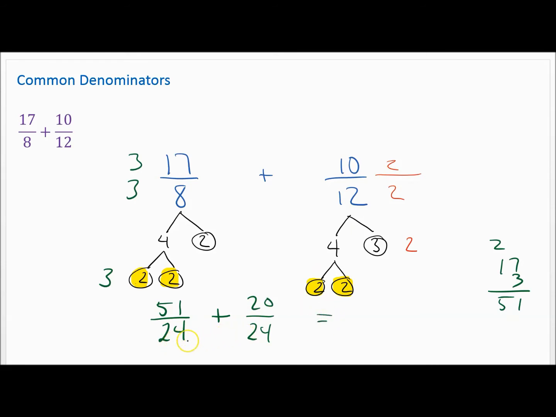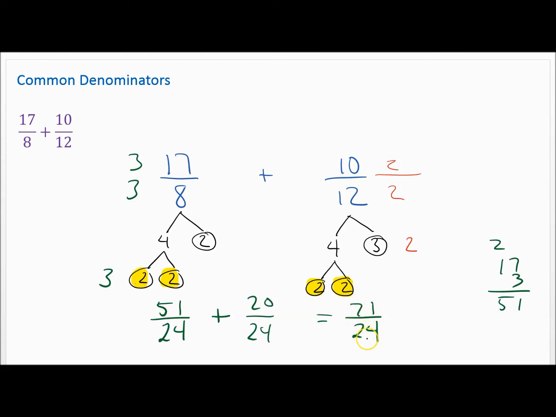And notice I have a common denominator now, so that crazy trick of making numbers smaller and breaking them down and seeing what you're missing gets you what you need. So 51 plus 20 is 71 over 24. Now, as long as these two numbers, 71 and 24, don't have any common factors, we are finished with this problem. And you have to think about things that divide possibly into 71.